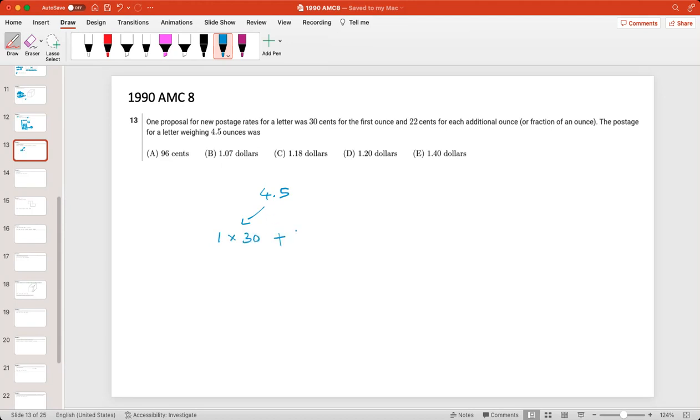Then the remaining 3.5, which is nothing but 4, because they said fraction of an ounce. So this 3.5 will actually become 4 times 22 cents, which is 88. So this will be 30 plus 88, which will be 118 cents or $1.18. Option C.